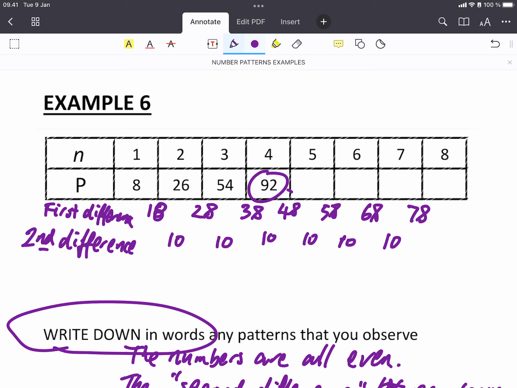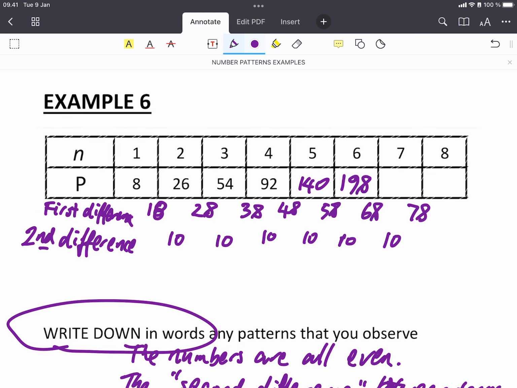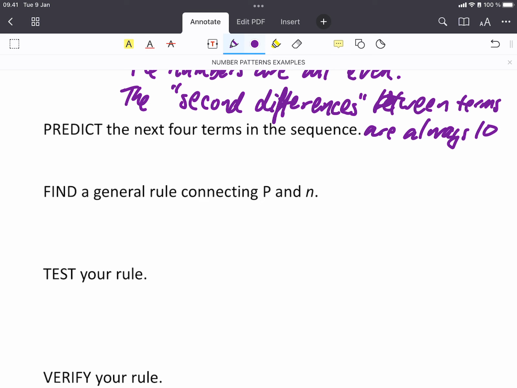So 92 plus 48 is 140. 140 plus 58 is 198. 198 plus 68 is 266. And 266 plus 78 is 344, I hope, doing it quickly in my head. So see table for that one.